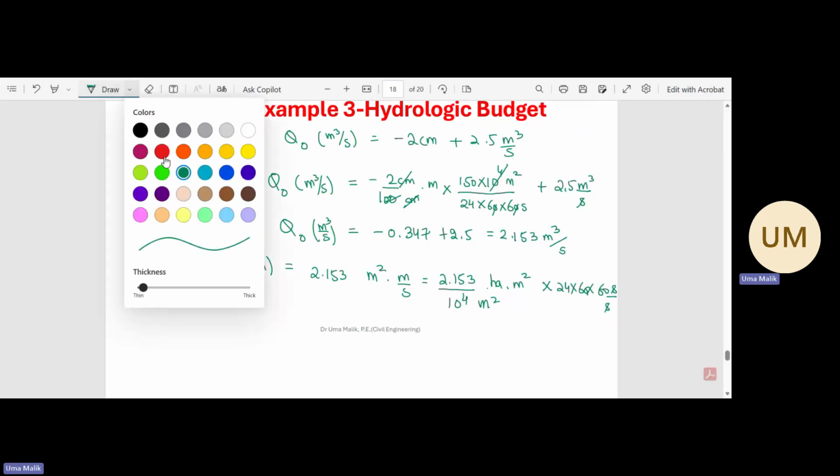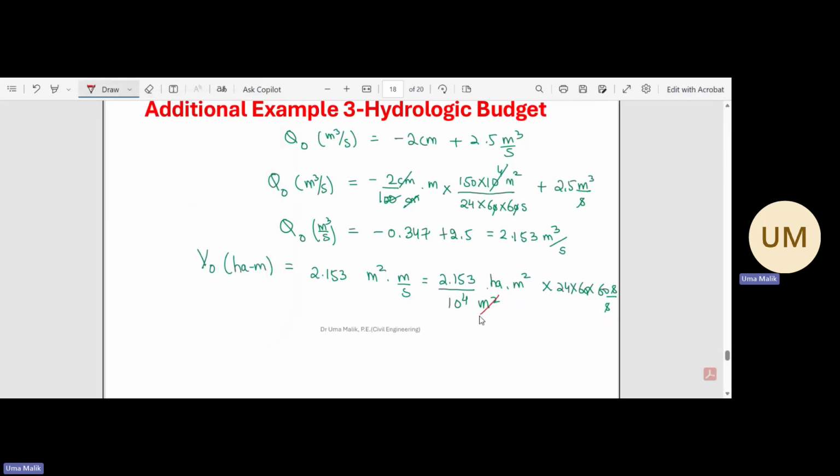So what we are left with, let's see. Meter square got cancelled, 1 meter was left, and seconds got cancelled. So you get V out in hectare meter as 2.153 divided by 10 raised to power 4 into 24 into 60 into 60.